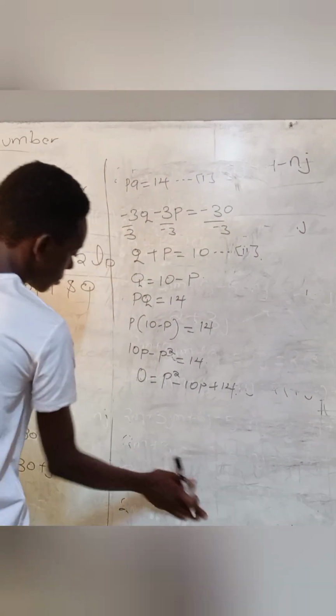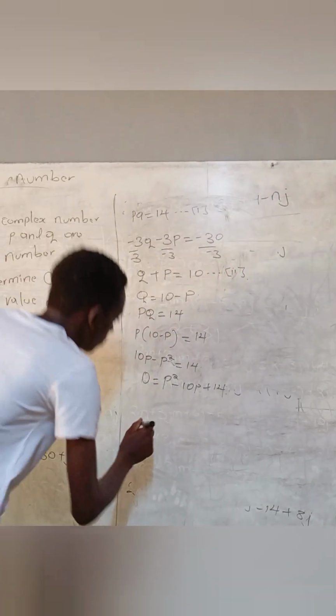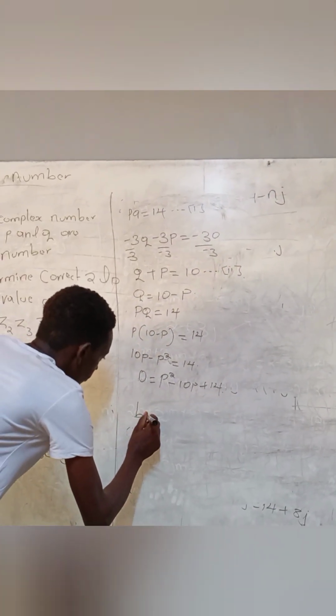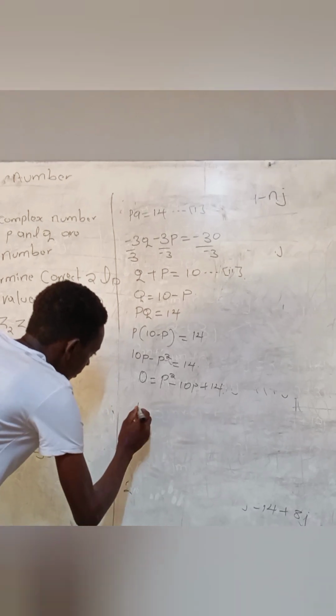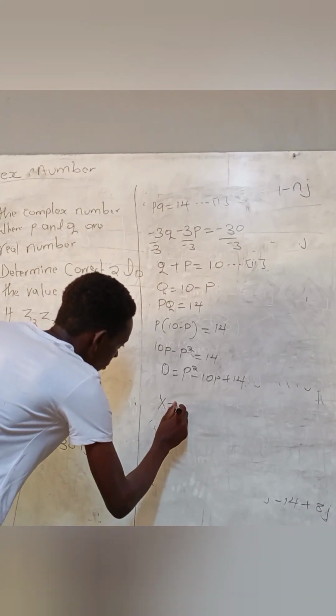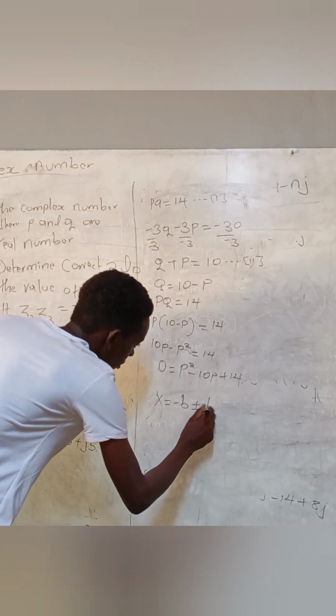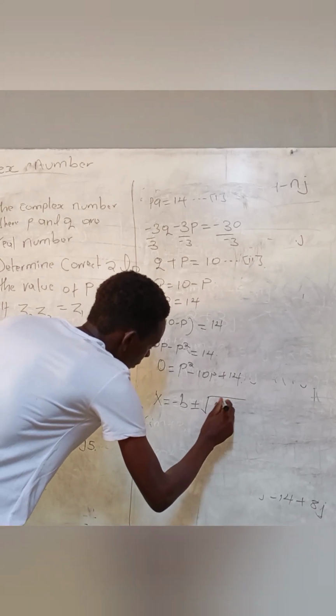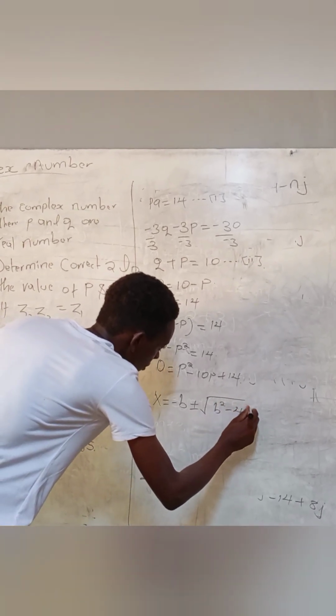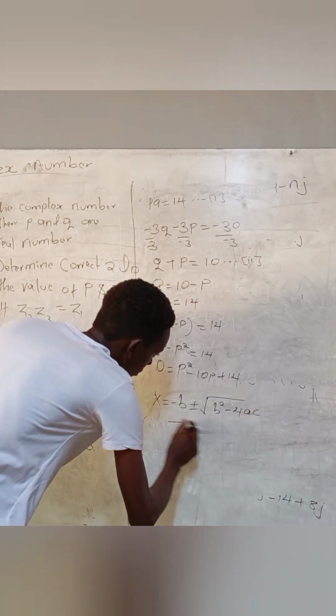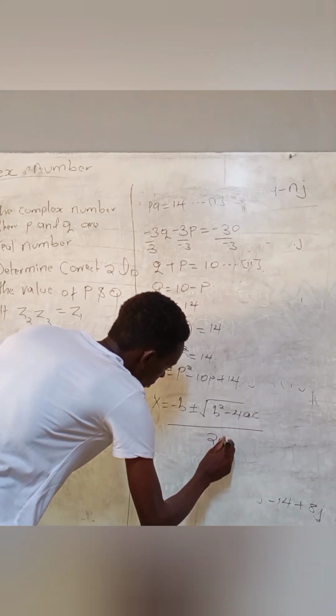So I will use the quadratic formula, which says x is equal to negative b plus or minus the root of b squared minus 4ac, all over 2a.